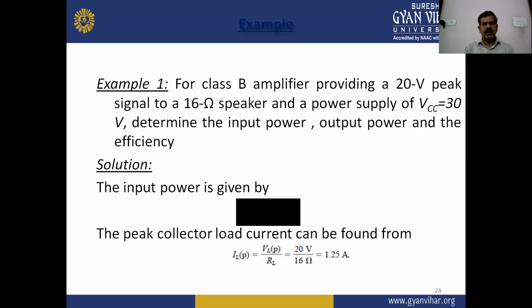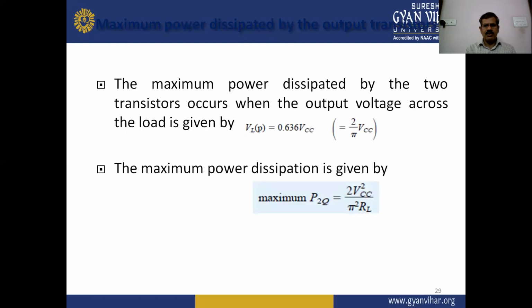Here is an example for a class B amplifier providing a 20 volt peak signal to a 16 ohm speaker, with a power supply V_CC of 30 volts. Determine the input power, output power, and the efficiency. We can find these by the given formulas.